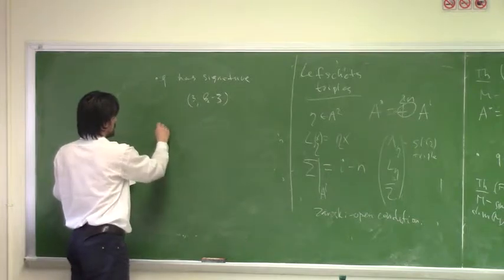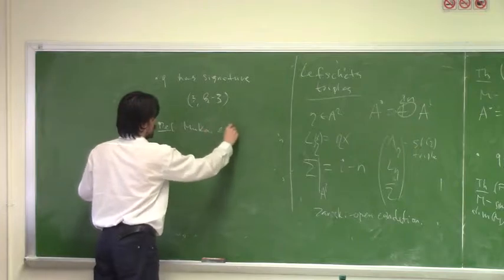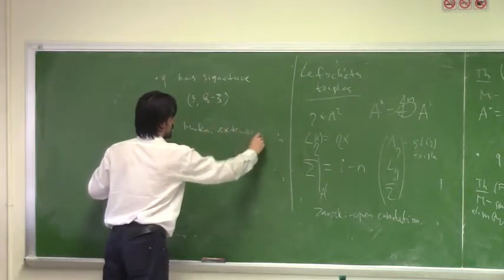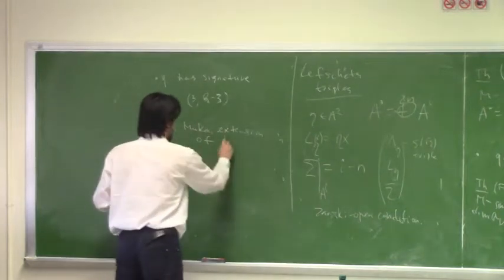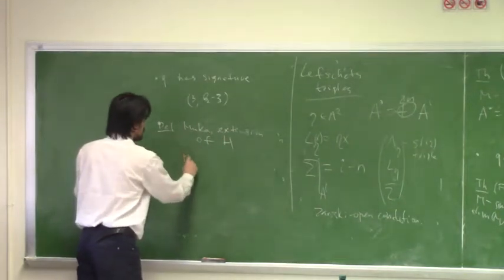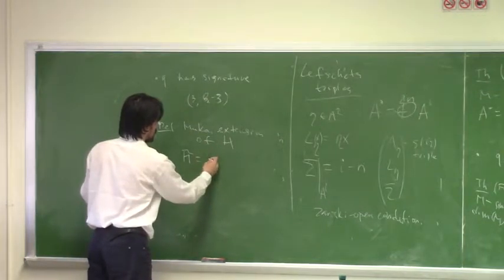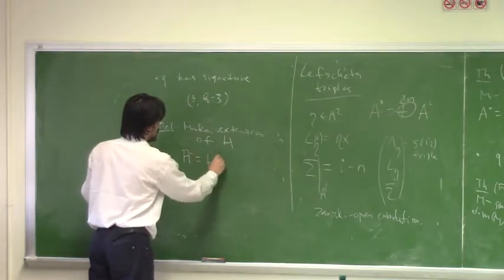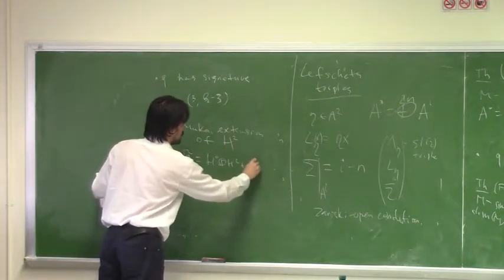So let me define this Mukai extension of H. So we have H tilde, which is H0 plus H2 plus H4.